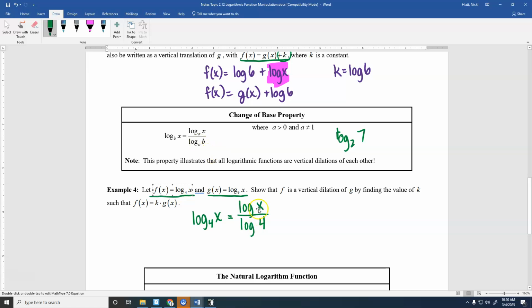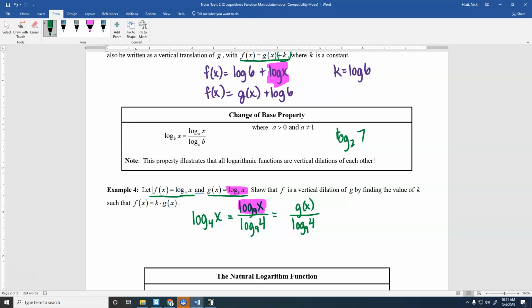So instead of doing log x over log 4, I could do log base 9 of x over log base 9 of 4. And here we should see that g is log base 9 of x. That right there is the g. So this would be g of x over log base 9 of 4.